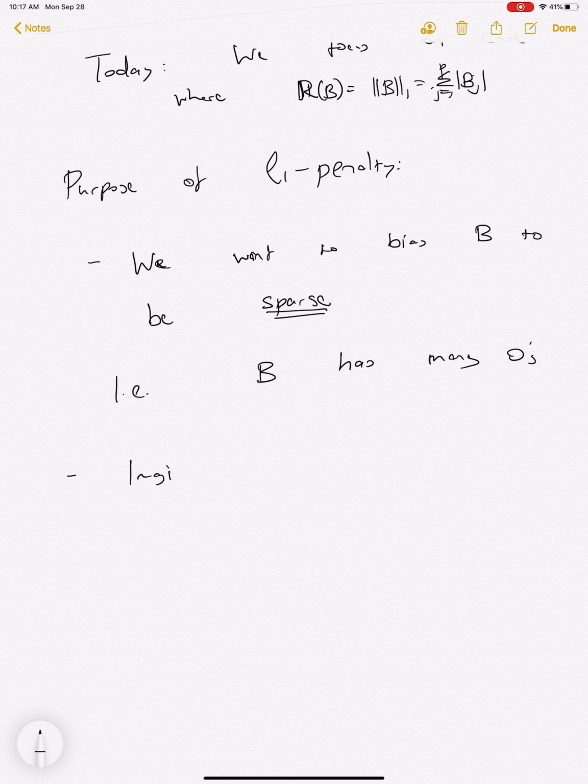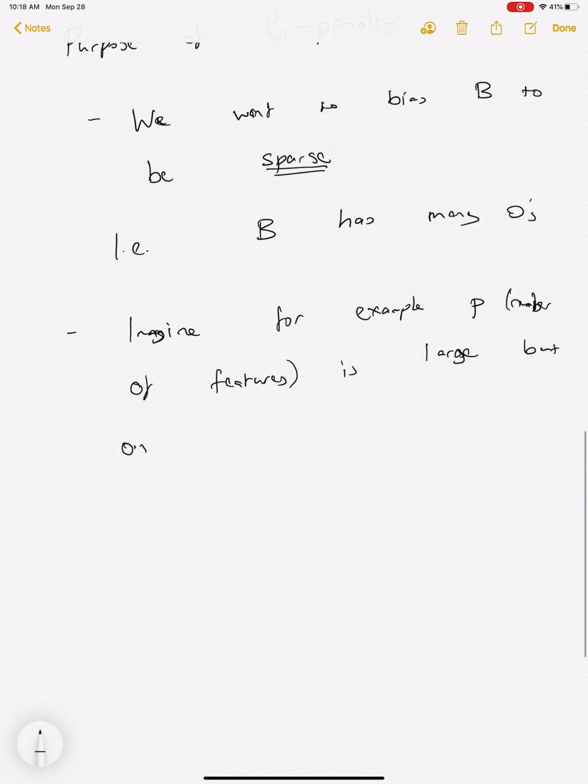Imagine P, the number of features, is large, but only S of them are relevant to the response.